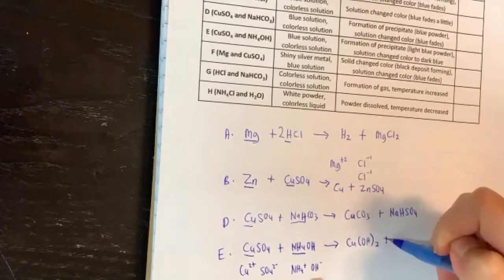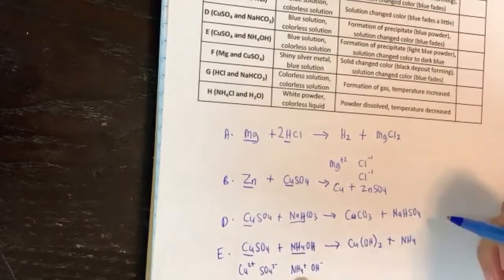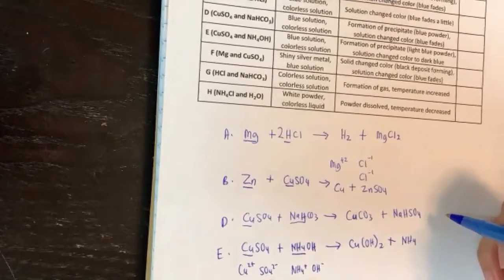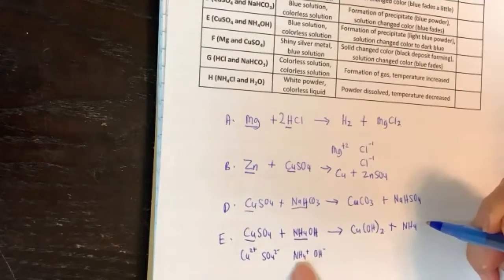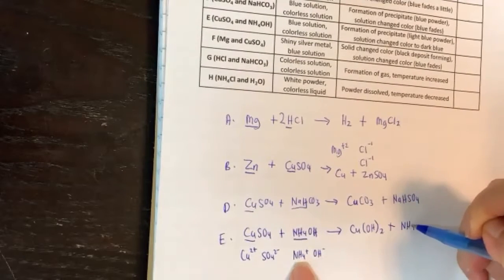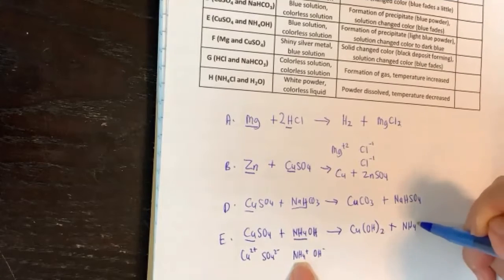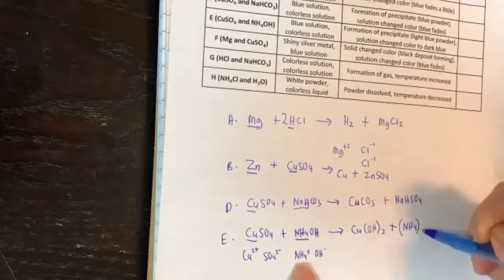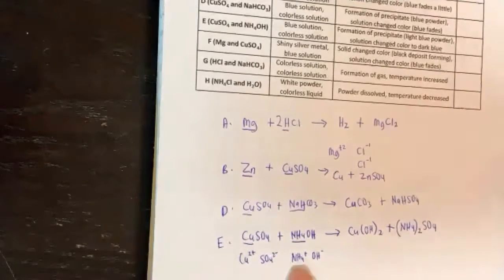And then what's left over is you have NH4. NH4 is +1, sulfate is -2. So you want to make sure you put 2 of these guys there. Because you can't just put 2 next to it, it will look like NH42, which is really wrong. So you put a bracket around this and say there's 2 of these guys paired with a sulfate.